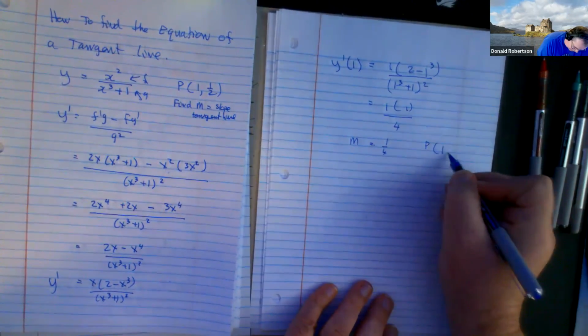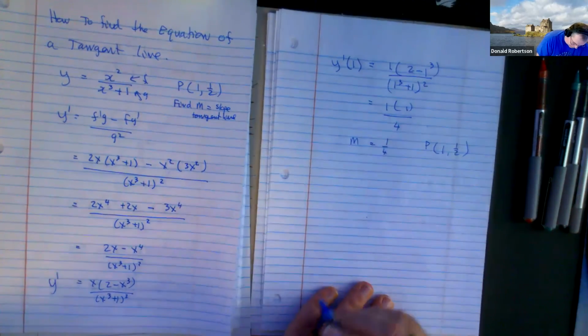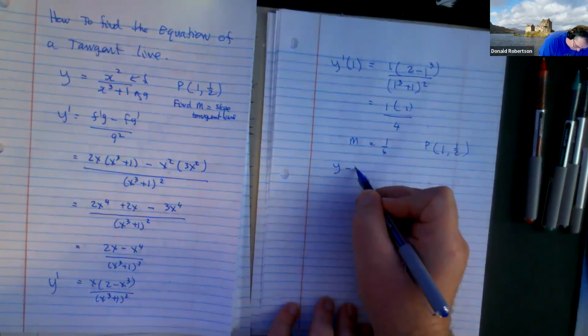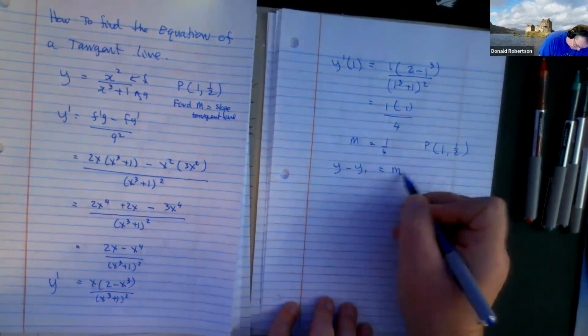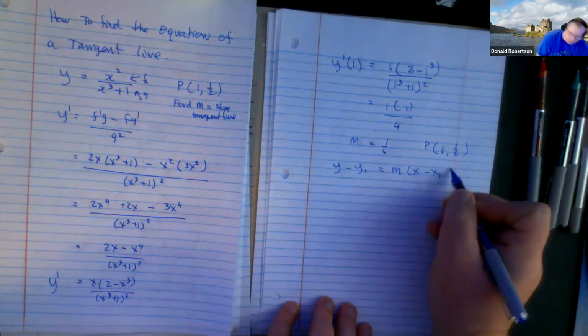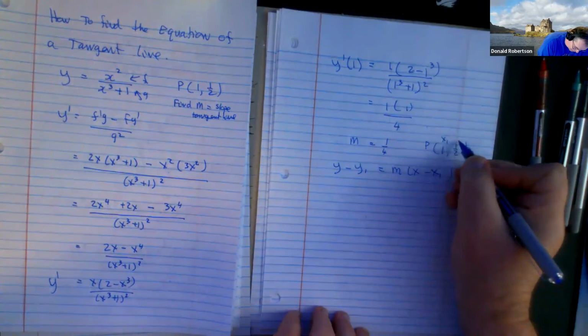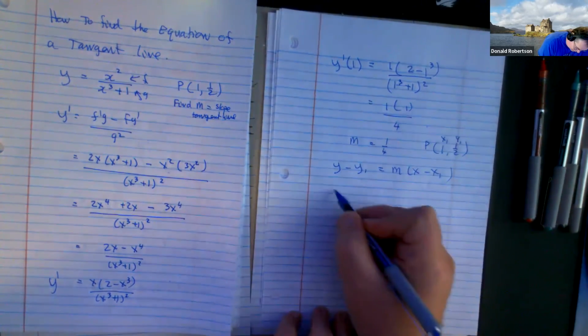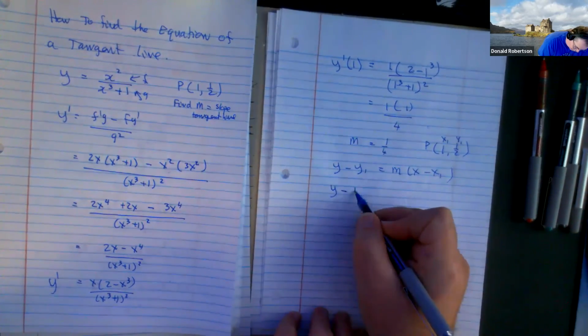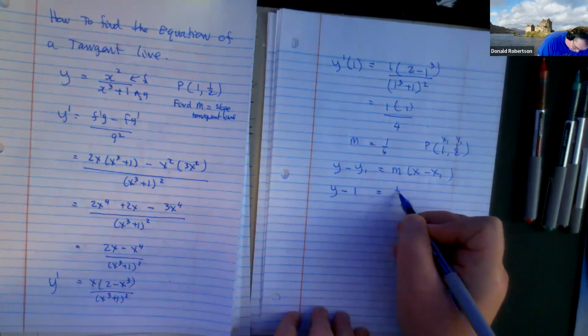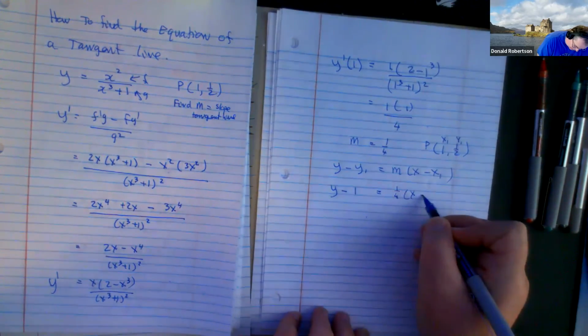The point that it passes through is that. Then we can use this formula, which you've seen before, called the point slope equation. And that's x1 and that is y1. So y take away 1 is 1/4 times (x take away 1/2).